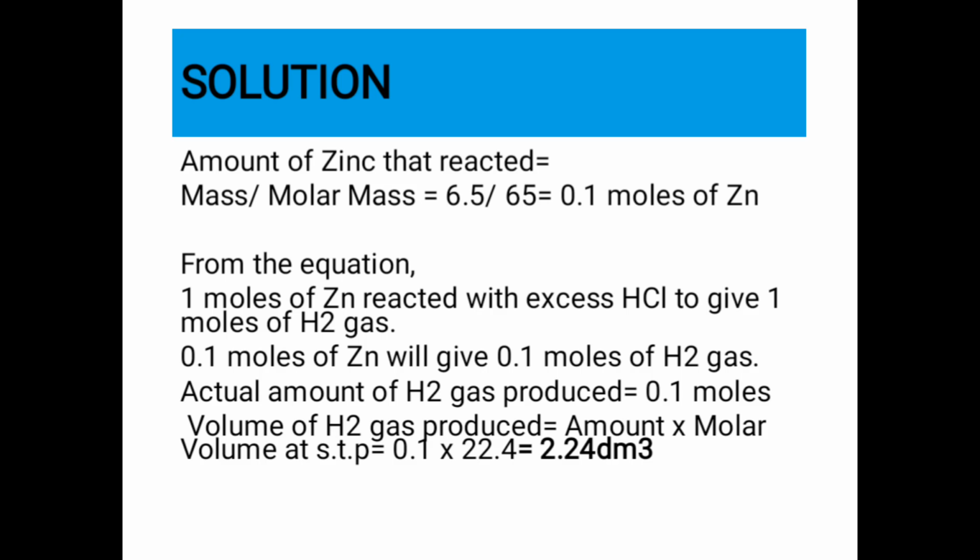The amount of H2 gas that we got is 0.1. Molar volume is 22.4. So 0.1 multiplied by 22.4 will give us 2.24 dm cube of hydrogen gas. So 2.24 dm cube of hydrogen gas was produced.